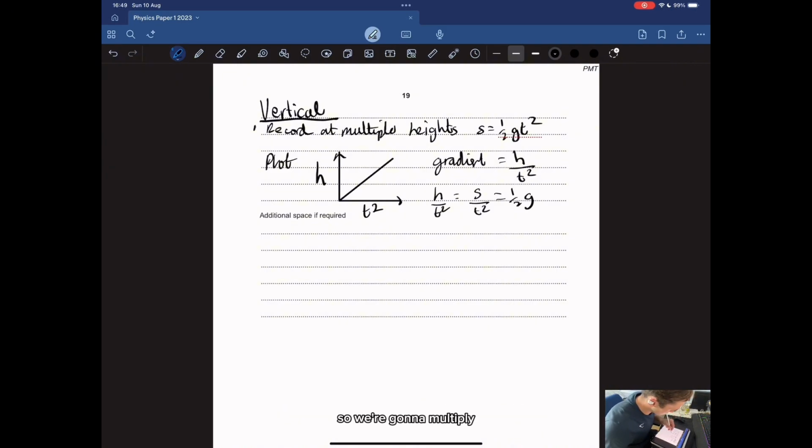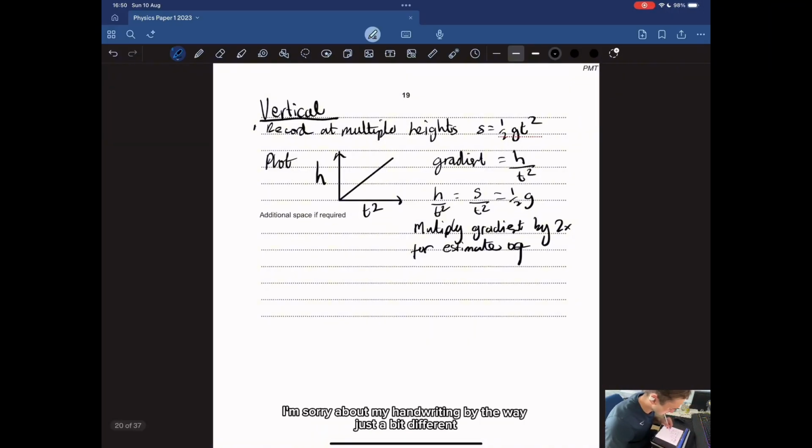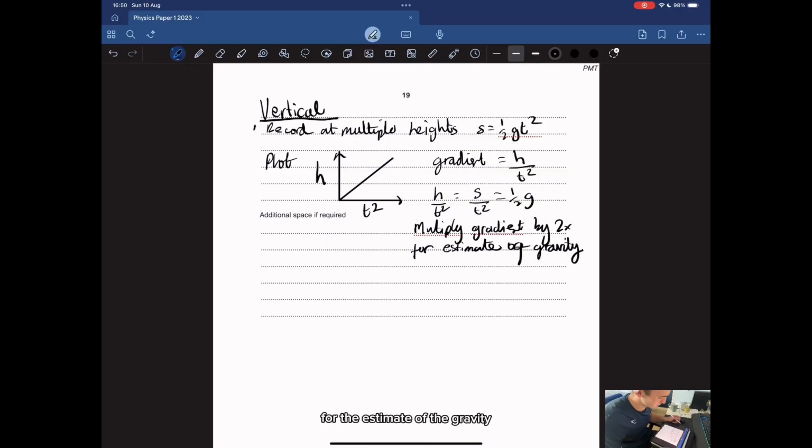So we're going to multiply the gradient by 2 for the estimate of gravity. I'm sorry about my handwriting, by the way.